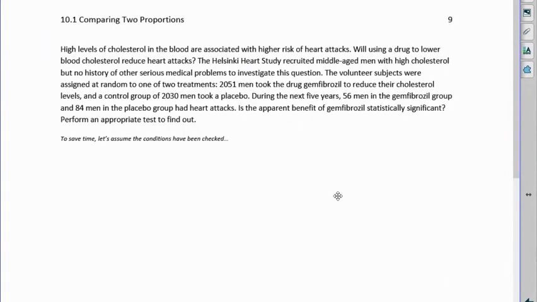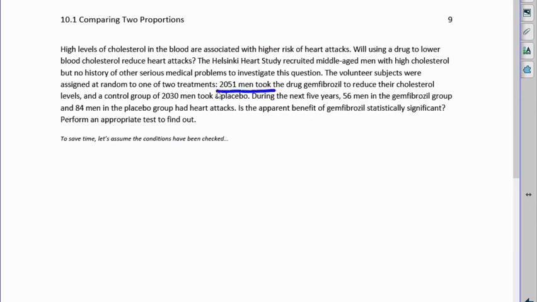So one more study, and this one is a study of cholesterol. They're wondering if this drug that reduces cholesterol is going to help men who have not had heart attacks. So they had volunteer subjects. They were assigned random treatments, so they are going to be able to make some conclusions.